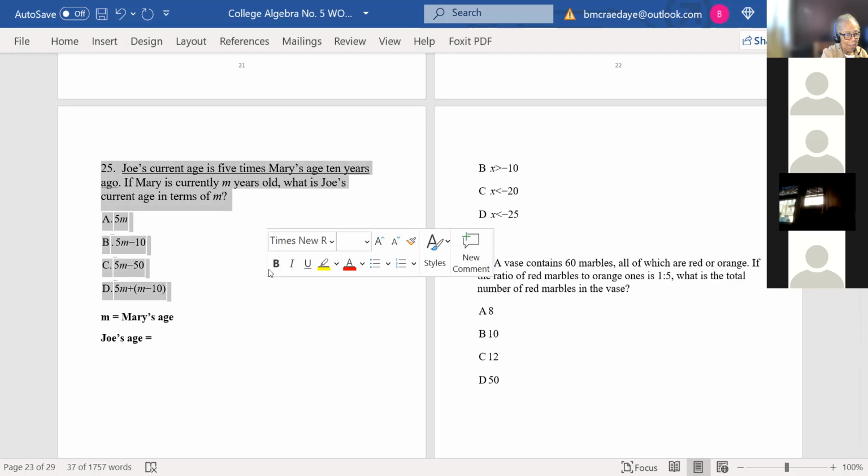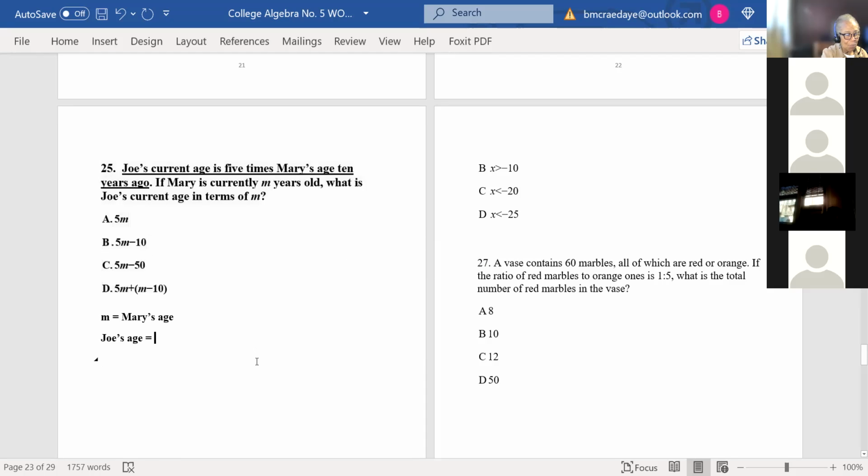How would I write that? 5m plus 10. No, 5 times is a multiplication. What would I write? 5m times 10. It says 5 times Mary's age 10 years ago. How would I write Mary's age 10 years ago?